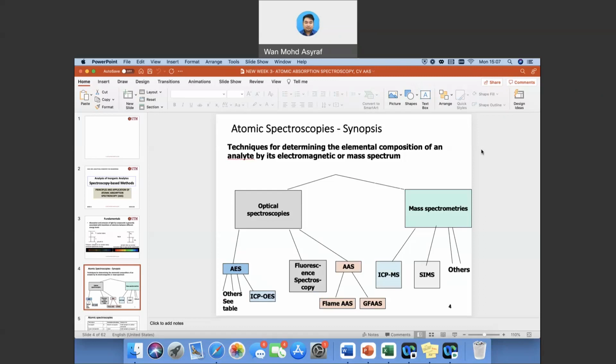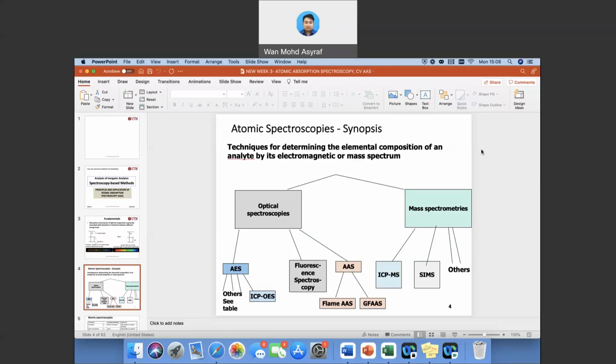For example, in UV-vis your sample might be paracetamol, catechin, chlorophyll, but for atomic spectroscopy you are going to look at ferrum, iron, plumbum, mercury. So when we go down to atom level, your molecules need to be atomized first before we do any atomic spectroscopy.